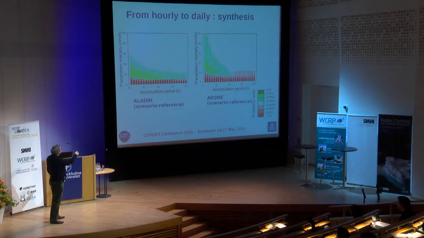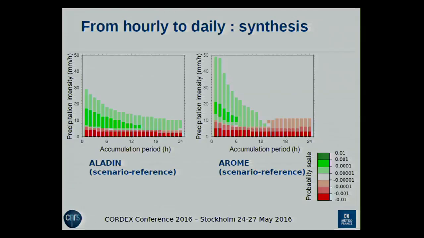If we make the synthesis from different accumulations, this is 1 hour accumulation, 2 hour accumulation, up to 24 hour accumulation. Here you have Aladdin, and you can see the probability difference. Green means the probability increases, red means the probability decreases. For low precipitation, we have a decrease in probability, and for high precipitation, we have an increase in probability.